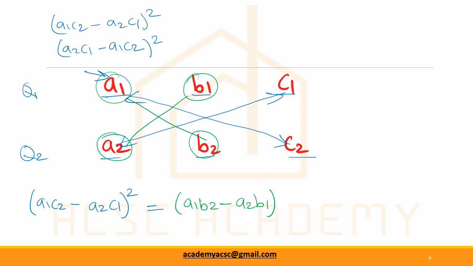Now the last term which we are left with, for that we will make this second X. In this way, the 4 terms that were remaining, we have made a connection like this between them. So now what are the terms that it is joining? It is joining b1 with c2. So we will have b1 c2 minus b2 c1.